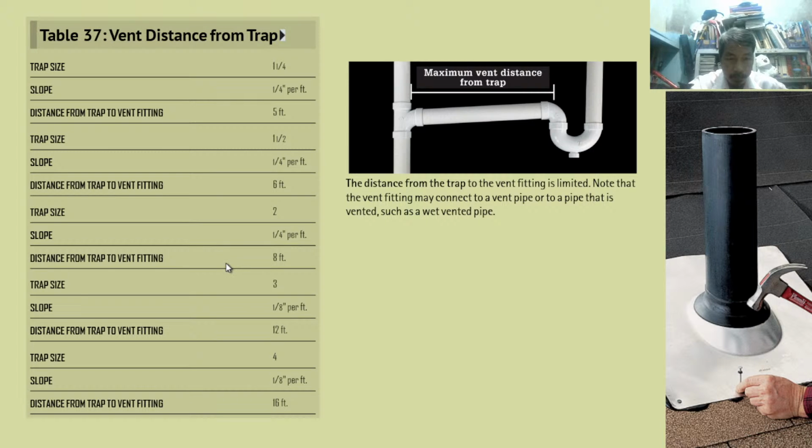If you have trap size 2, the distance from trap to venting, this distance, this to this, that is the vent distance, 8 feet if you have a trap size of 2. If you have a trap size of 3, the distance is 12 feet. It depends upon the size of this trap. So that is the distance of this. Okay, so just multiply.